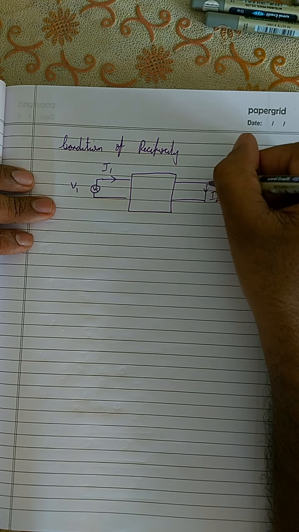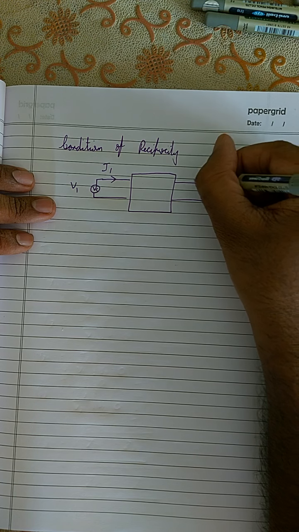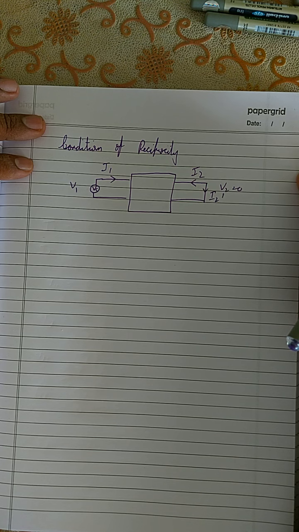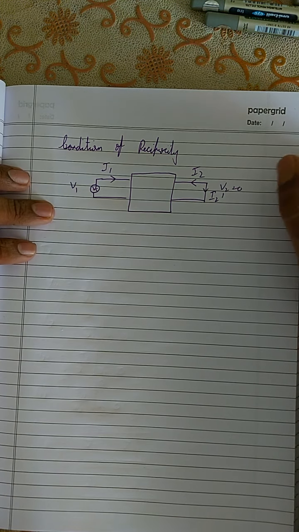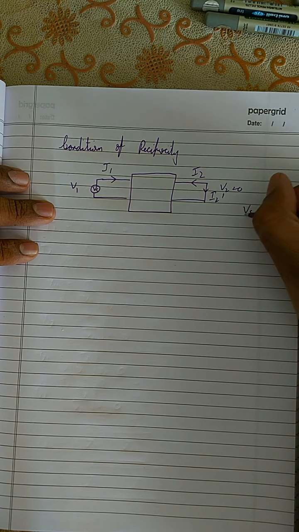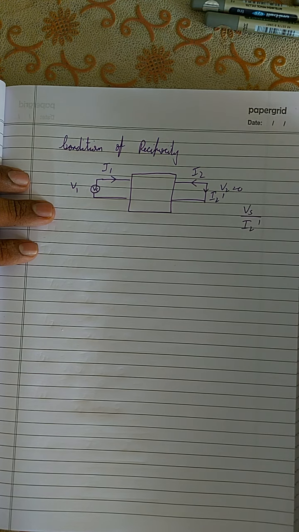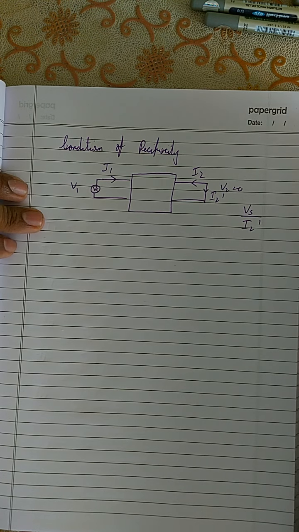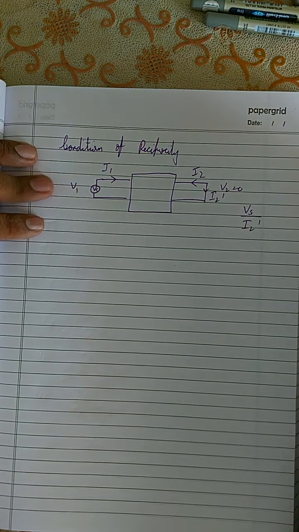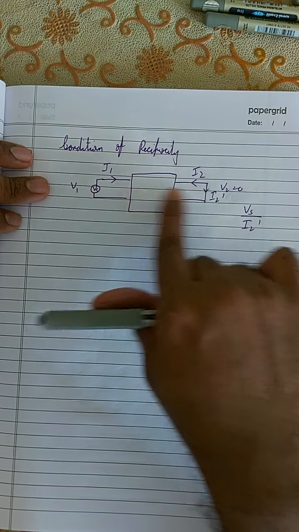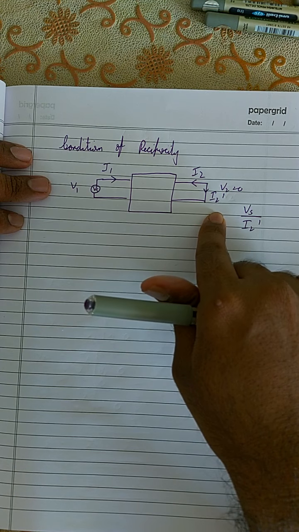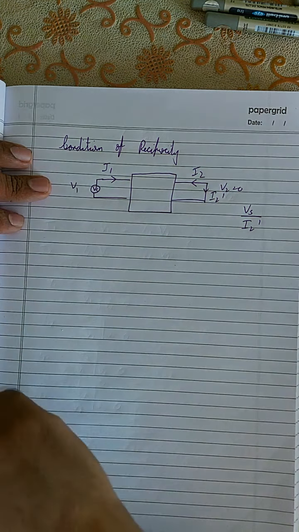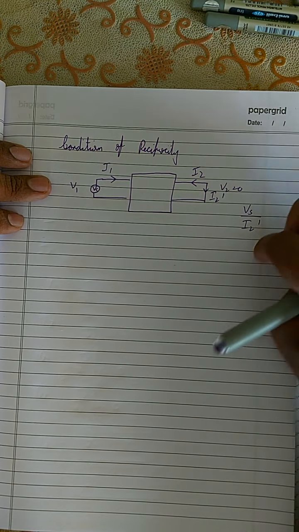The I2 dash is the current through the short circuit. I need to find the value of Vs by I2 dash, the ratio, because this is the excitation and this is the response. So the ratio of the excitation and the response should be the same if the excitation and the response have been reversed.